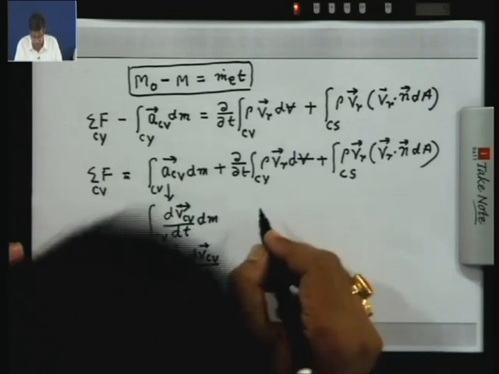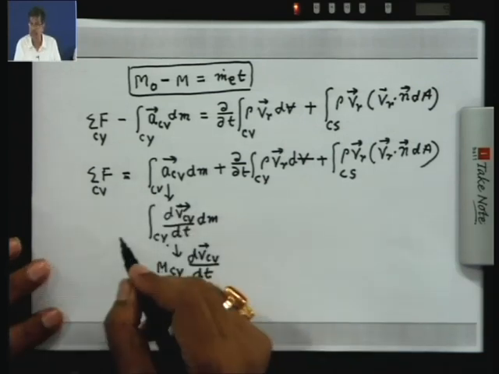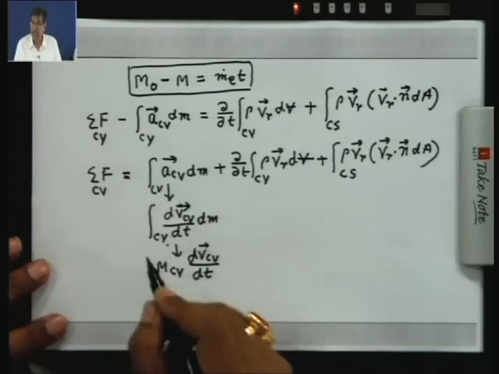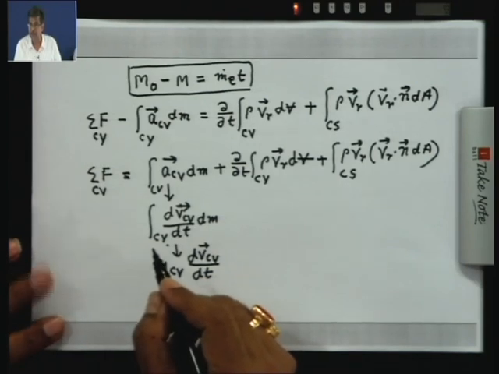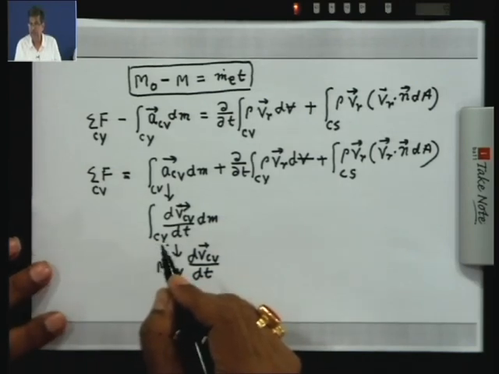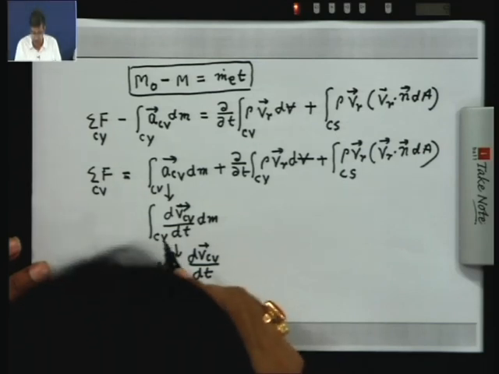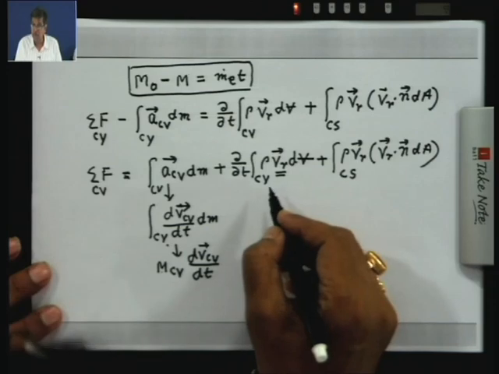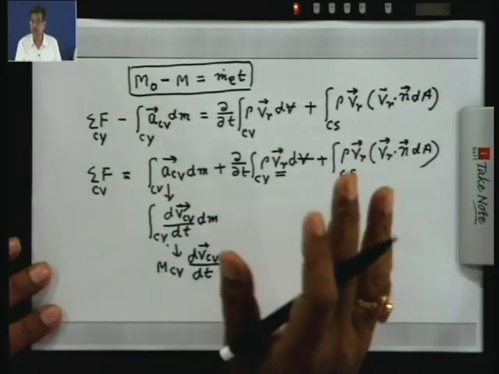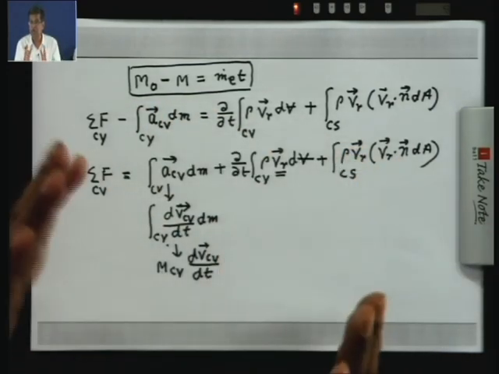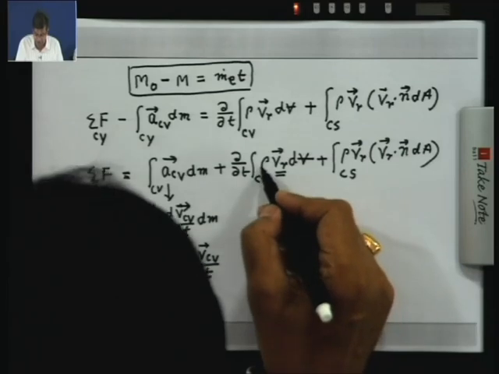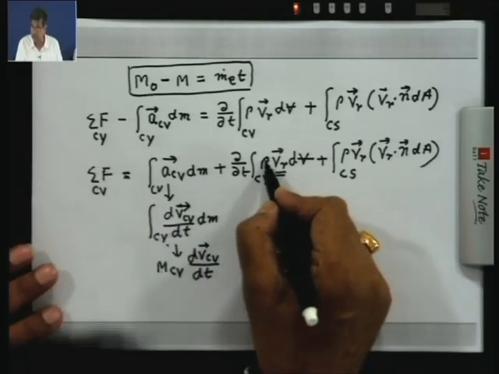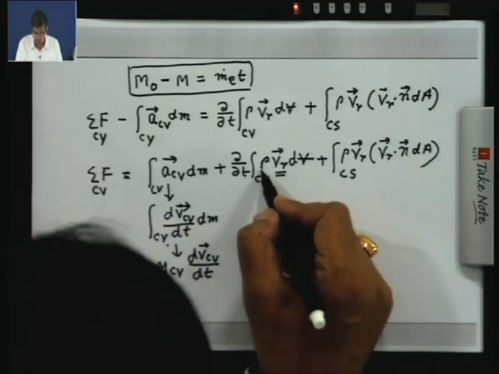Now for the simplicity of the analysis, we make an assumption, which is not a very correct or rational assumption: that the velocity relative to the control volume does not change within the control volume. That velocity relative to the control volume is the same for all particles within it, and along with that the density also remains constant within the control volume, which is of course not true.